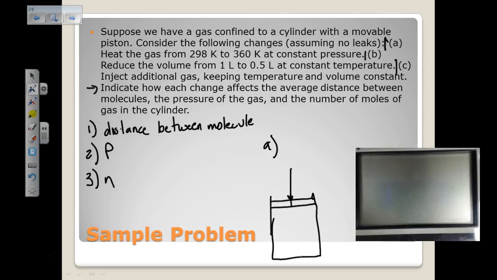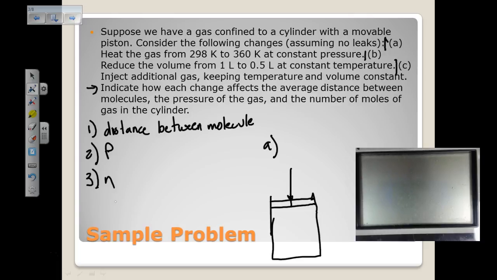There are the little explosions. But anyways, the point is that this can change. You can either push on it, keeping the same number of moles, and that's going to increase the pressure, or you can change the volume, however you want to do it. So that's kind of what a piston is.